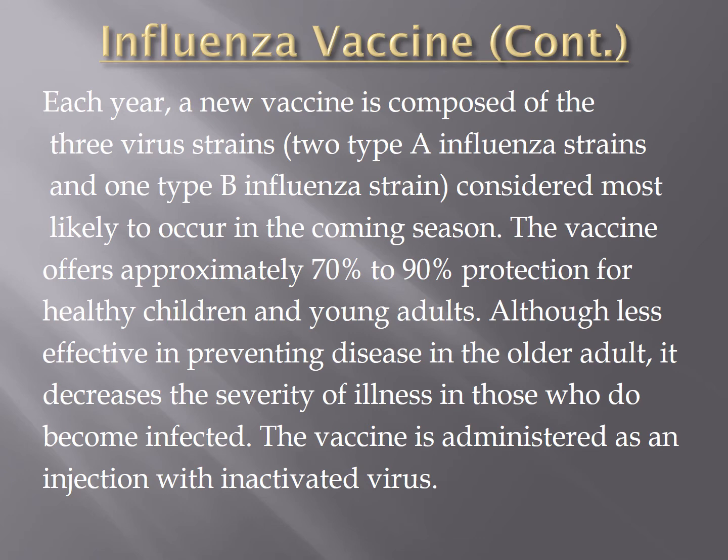So they consider the most likely influenza viruses that will occur in the coming season, and consequently they try to develop the proper vaccine. However, the vaccine does not offer 100% protection, but it offers 70 to 90% protection for healthy children and young adults, although it is less effective in older adults, obviously.